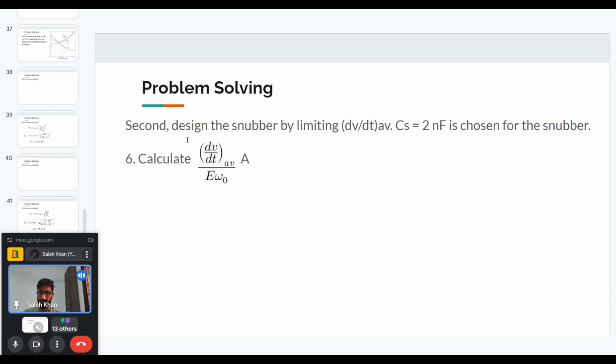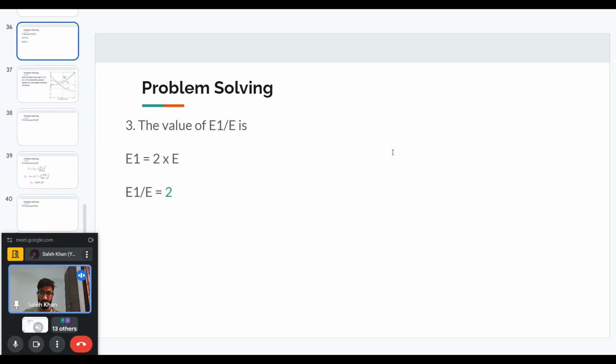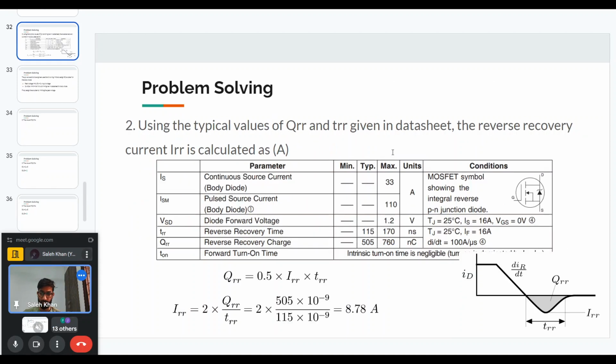Next we are told to design this snubber by limiting the dV/dt. IRR we calculated using the typical value, because the question is telling us to use the typical values of QRR and TRR. The typical values of TRR and QRR are 115 nanoseconds and 505 nanocoulomb respectively.